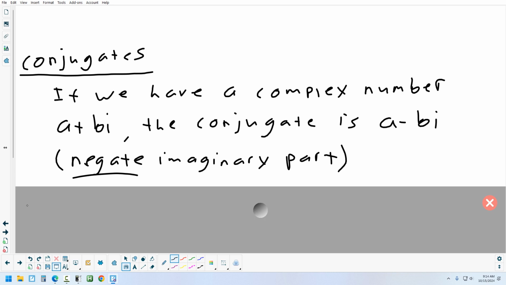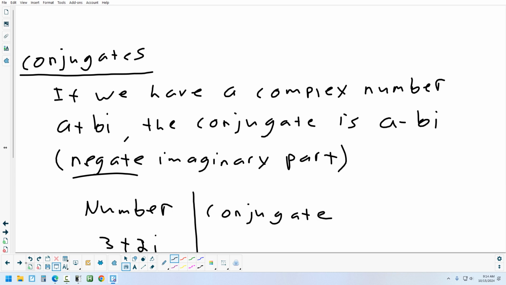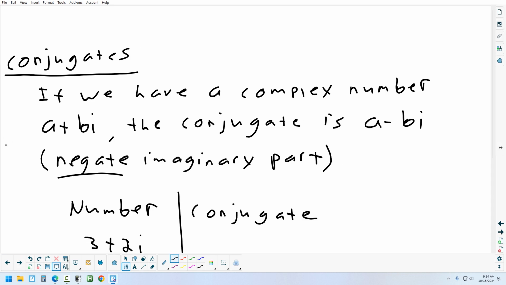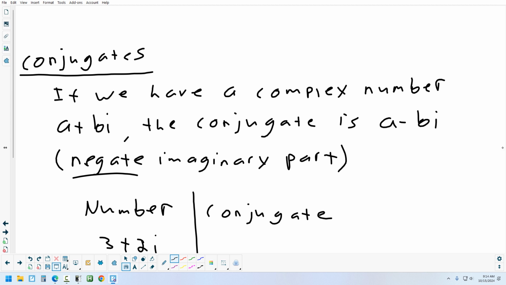The conjugate is, the imaginary part is changed to be the opposite. So we'll try some examples. So the real part stays the same, and you change the sign of the imaginary part. So if your complex number was a plus bi, the conjugate is a minus bi.